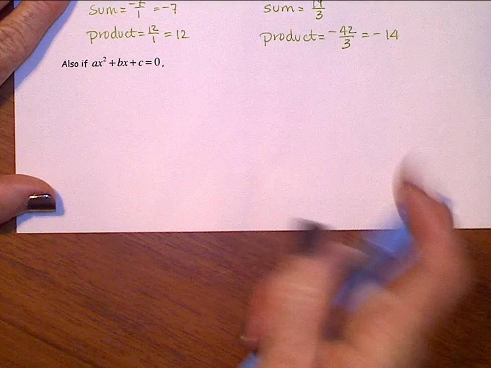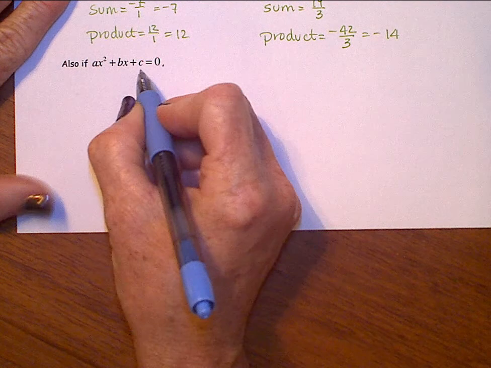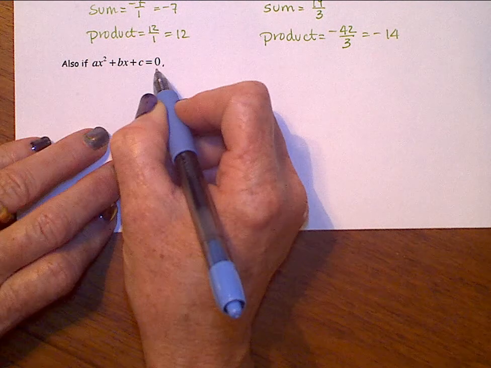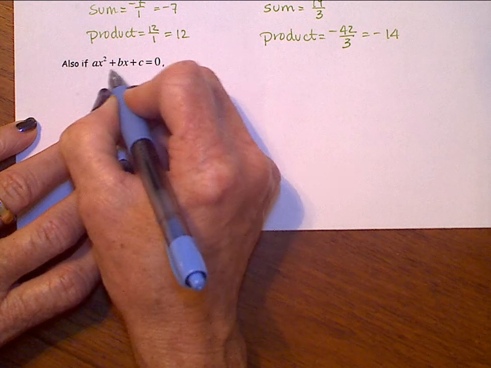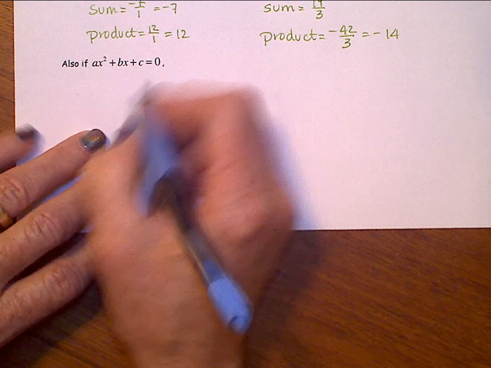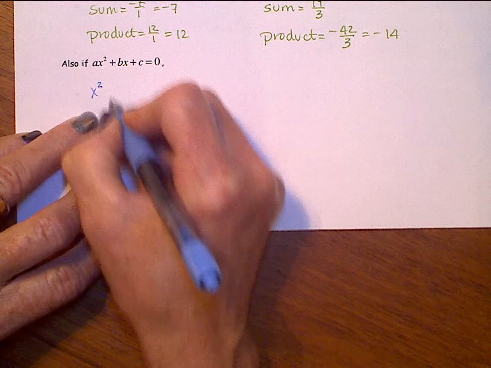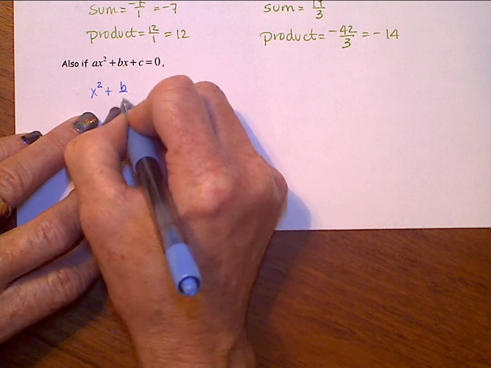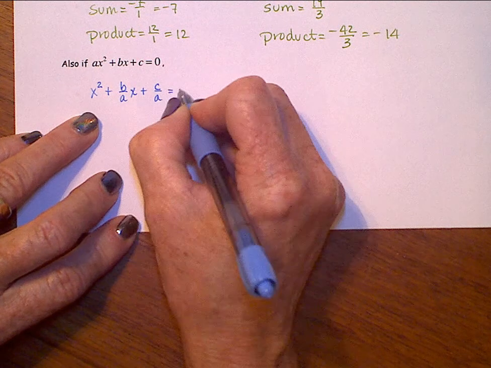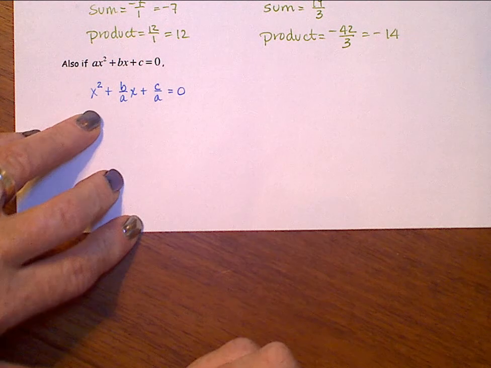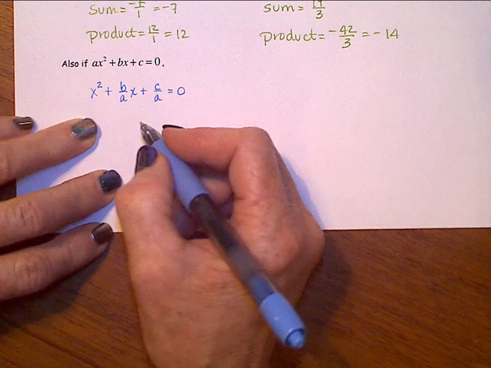Okay. Also, we can look at this. If ax squared plus bx plus c is equal to 0, could I take that and divide everything by a? So then that becomes x squared plus b over a times x plus c over a equals 0. Now, how about this piece right here?